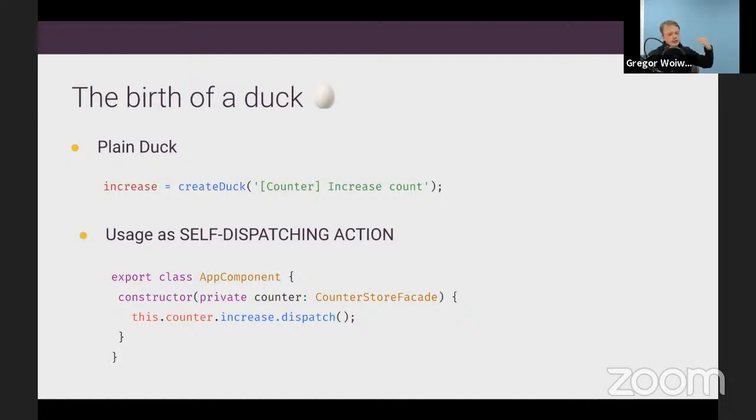If you continue adding action by action or duck by duck to your service, you will automatically receive via auto-completion every action that exists in your store facade. So you do not have to look up an actions file or something else to have a look at the actions. The service that you use already tells you what you can use.